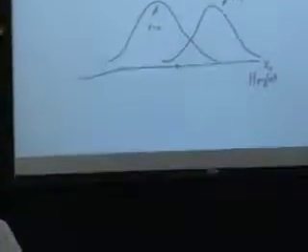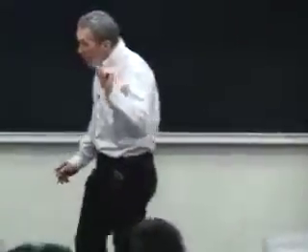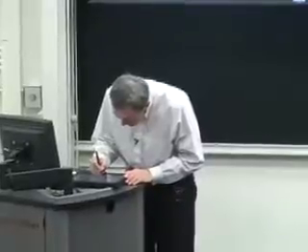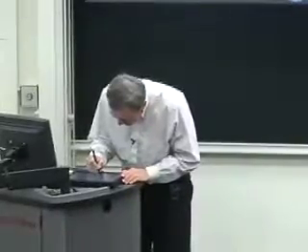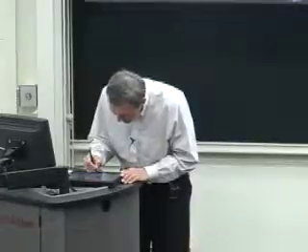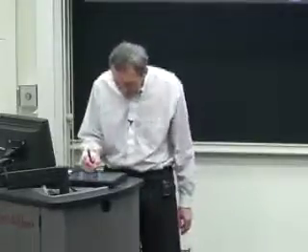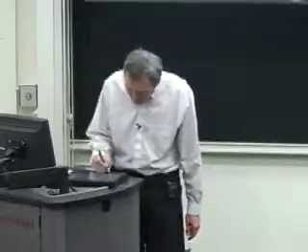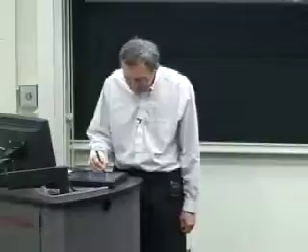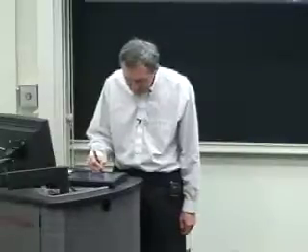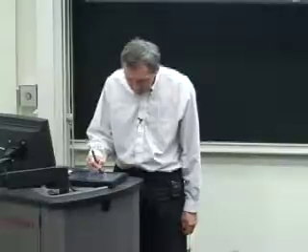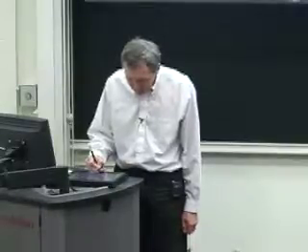And then we'll compare that to the case where y equals 0. And so what that means is any point to the left of this threshold, any point over here, it's more probable that y equals 0, given x.